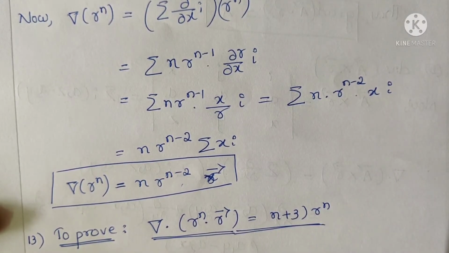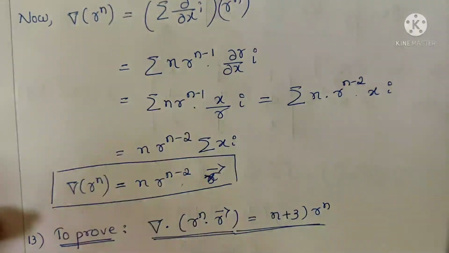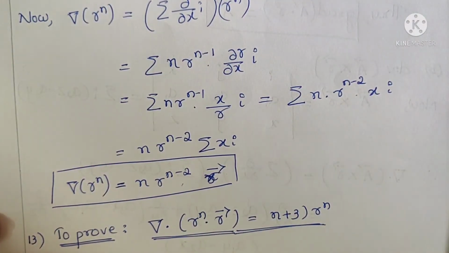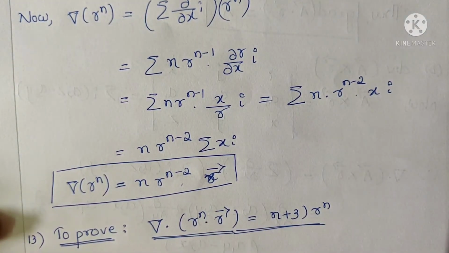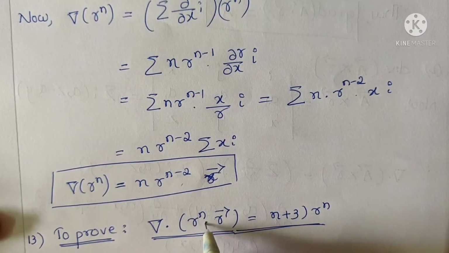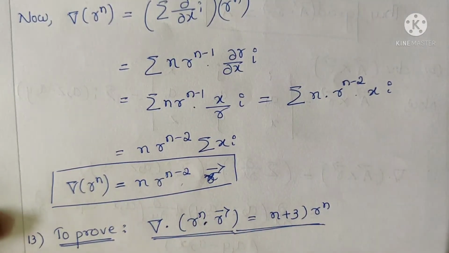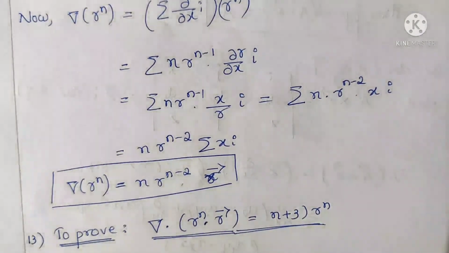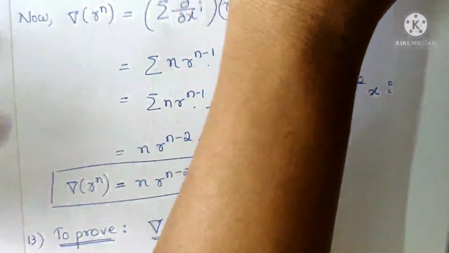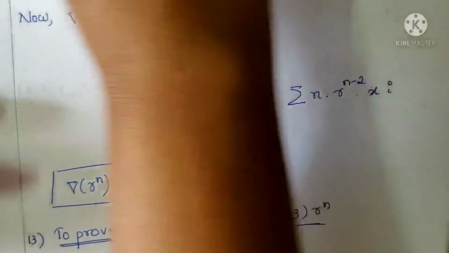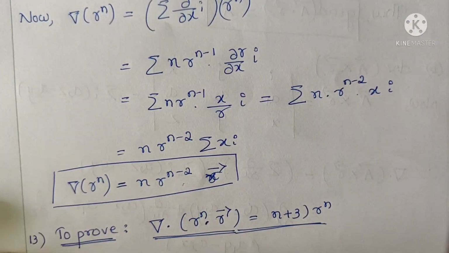So for this, first let us find r^n into vector r. Here it is dot product, not here, it is into, normally into r, del dot r^n into vector r. So first let us find r^n into vector r.